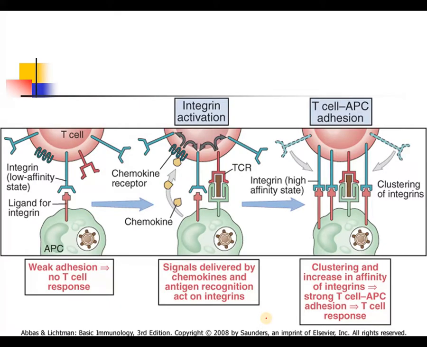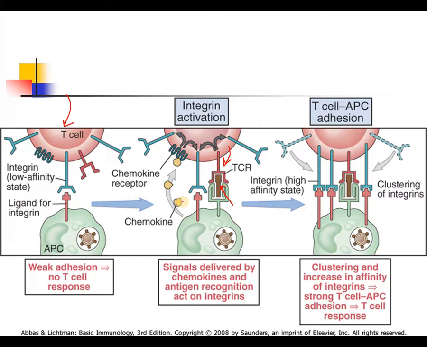And that's illustrated here, where we have a T cell and it's got its integrin, the LFA1, in a low affinity state while it's mature but naive. It samples the wares on an antigen presenting cell. If it finds an MHC molecule on the antigen presenting cell plus peptide that it likes, signals will be sent through those invariant signaling molecules.